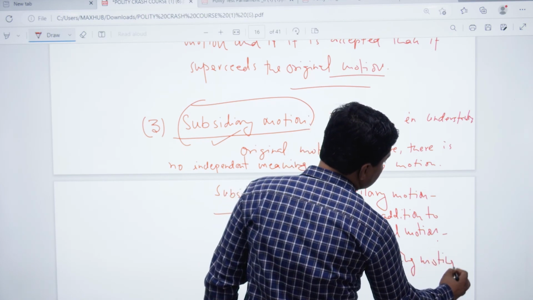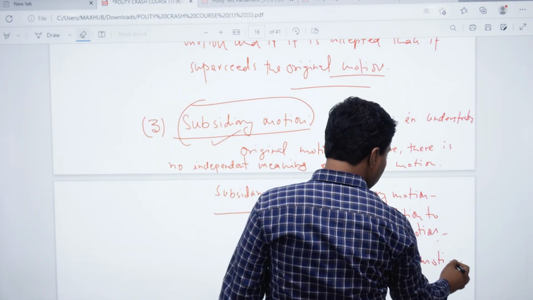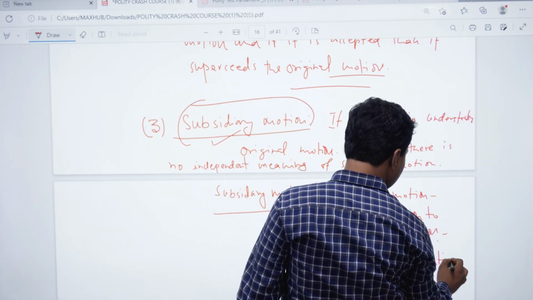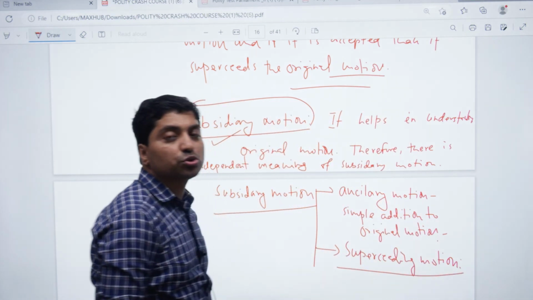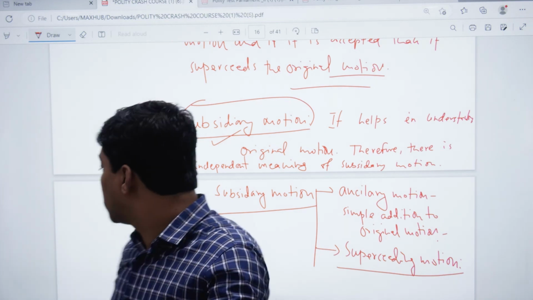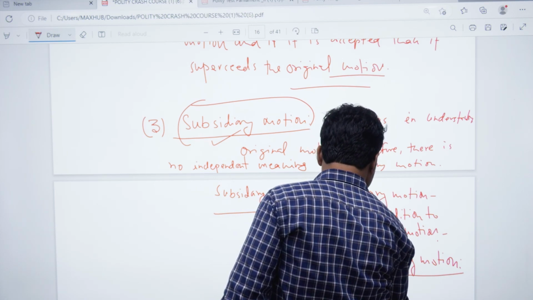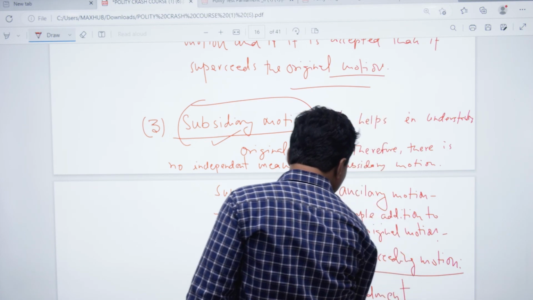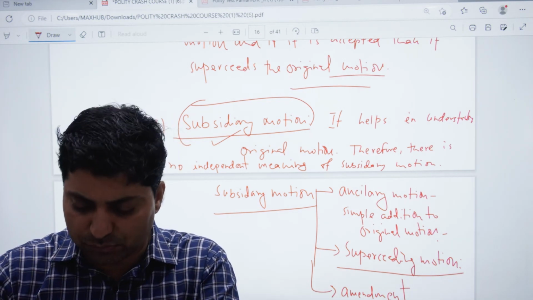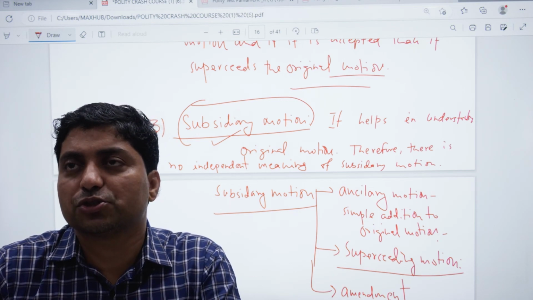And superseding motion is to supersede the debate, discussion. Right? Third is amendment. Amendment is just adding clause, adding something, deleting something, that is called amendment, basically, in the original motion. So that is called subsidiary motion.